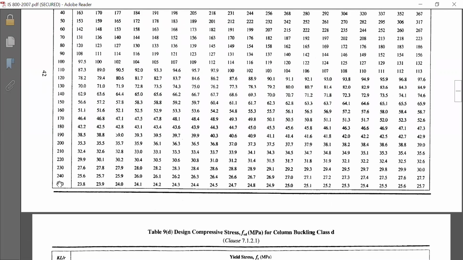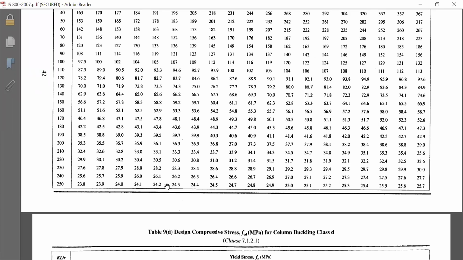You have to take the value of FCD when lambda equals 240, and when lambda equals 250. For lambda equals 240, the value of FCD is 26.2, and for lambda equals 250, the value of FCD is 24.3.